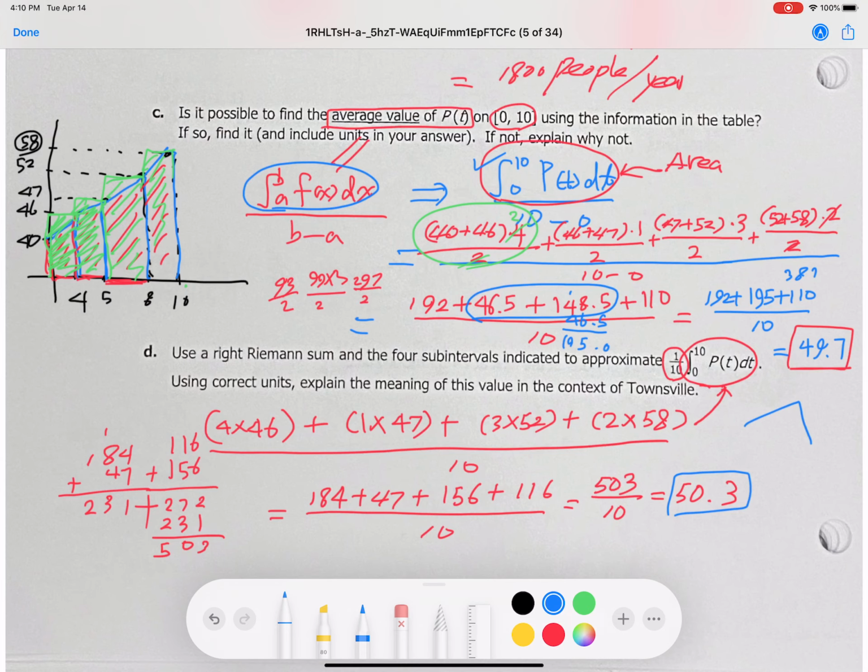So we can say this is an approximation of the average value of the population of that city for 10 years. That makes sense, right? So for t equals 0 to t equals 10. One more time, it is the average value of the population, right? But it is not the actual value, it is an approximation value. So this number represents what? The approximate average value of the population of that city per year for 10 years.